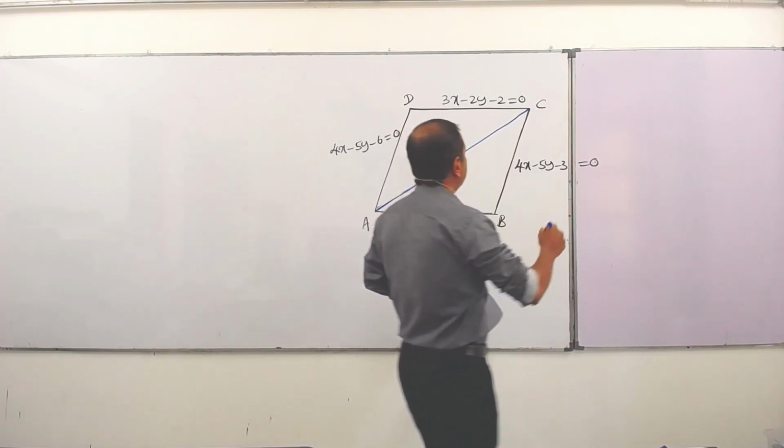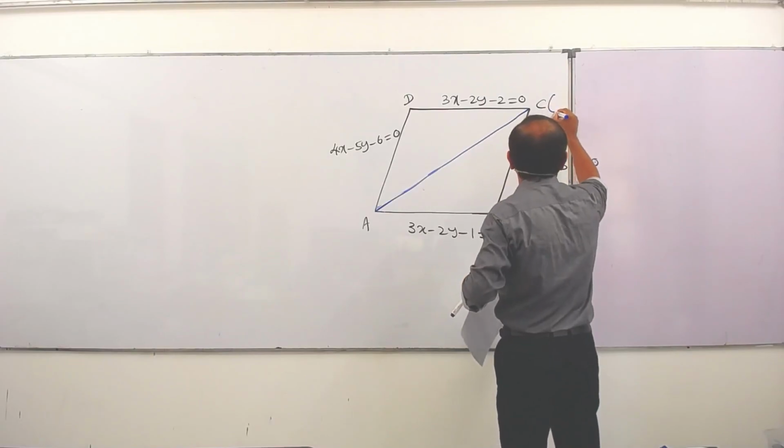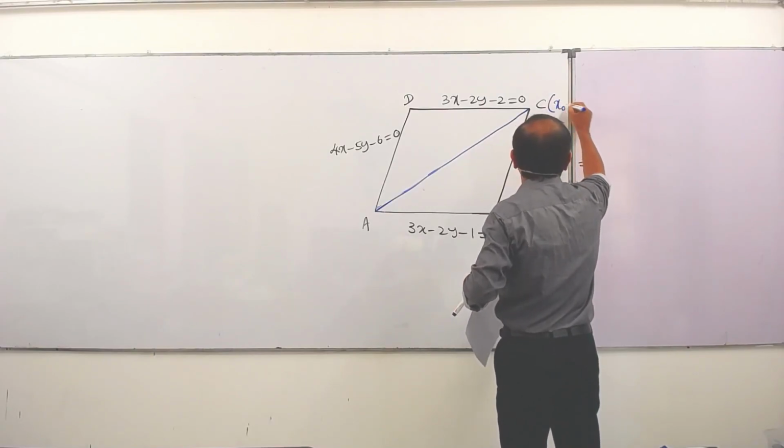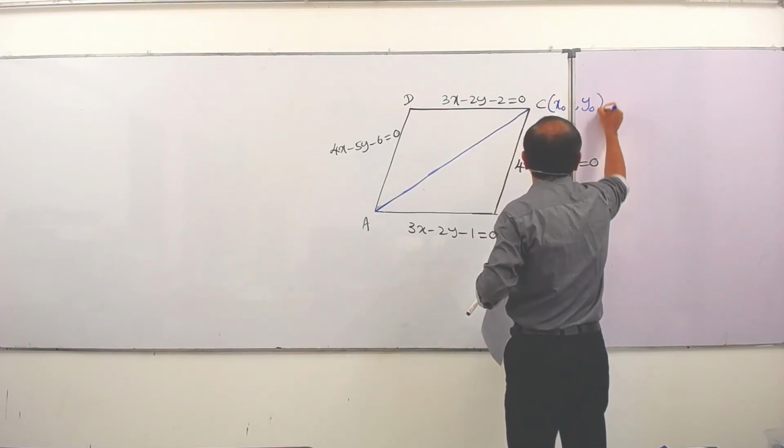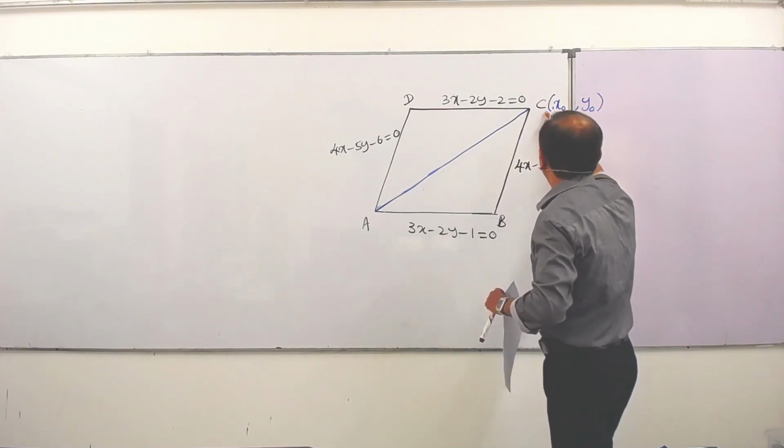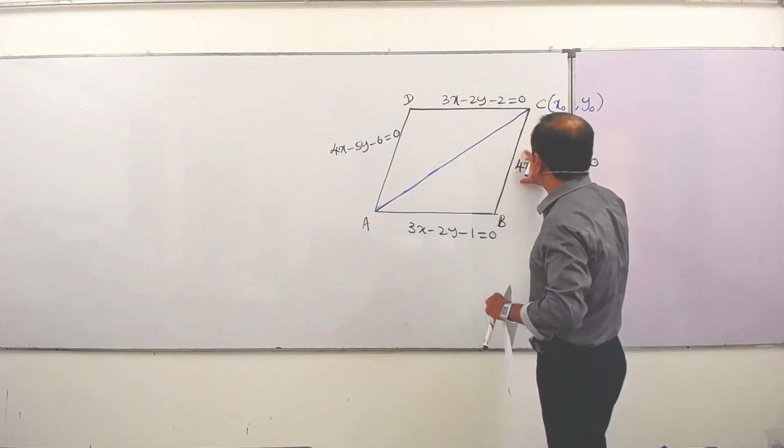I'll take this point C as x naught, y naught. Then this point C lies on this line and this line.